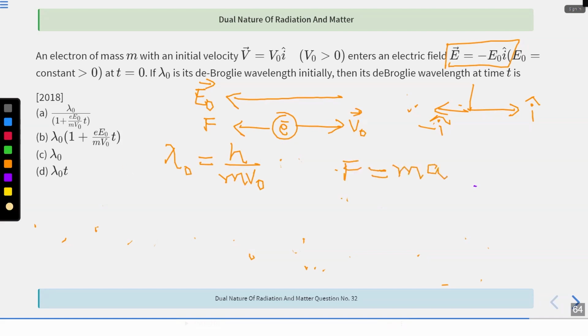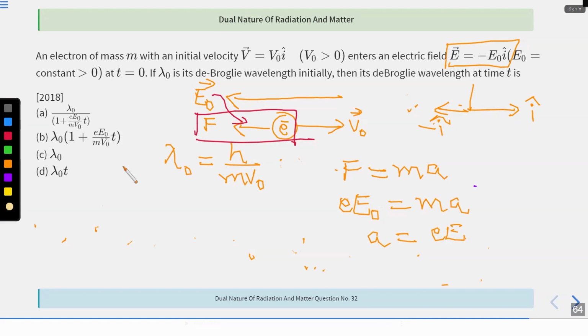Here the force is e into E naught, and that is equal to m into a. From here, I can get my acceleration to be nothing but e E naught by m. Yes, we got our acceleration over here.